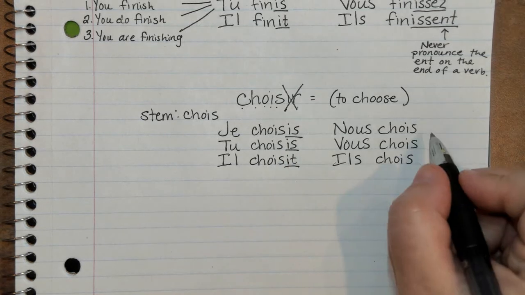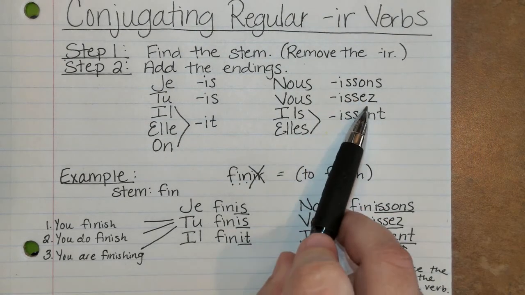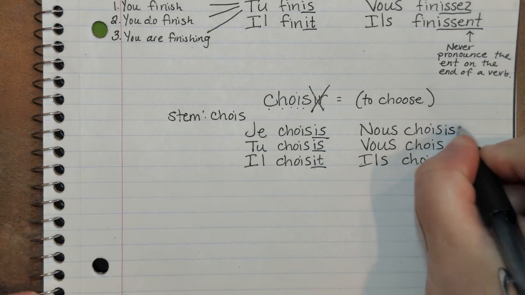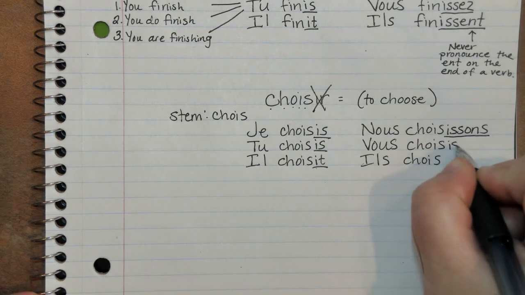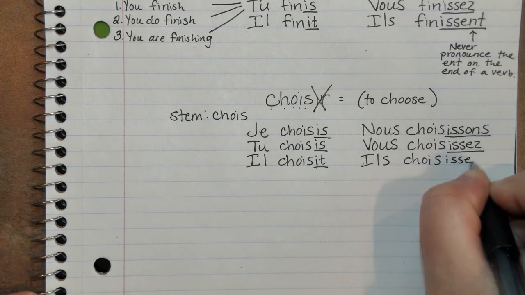Okay? And then over here, we've got the endings ISSONS, ISSEZ, ISSENT.